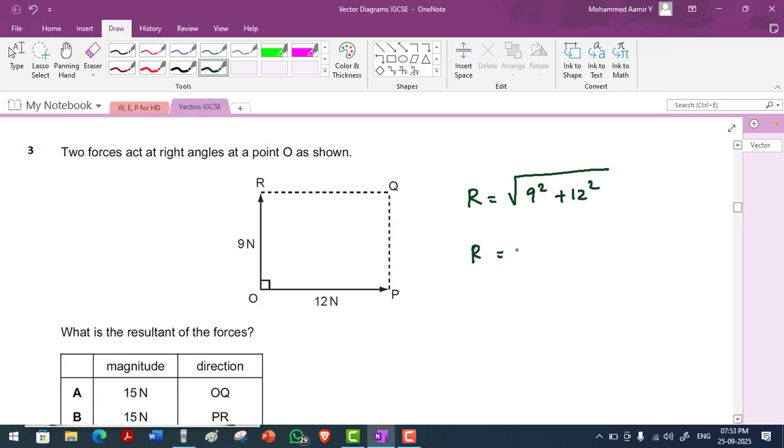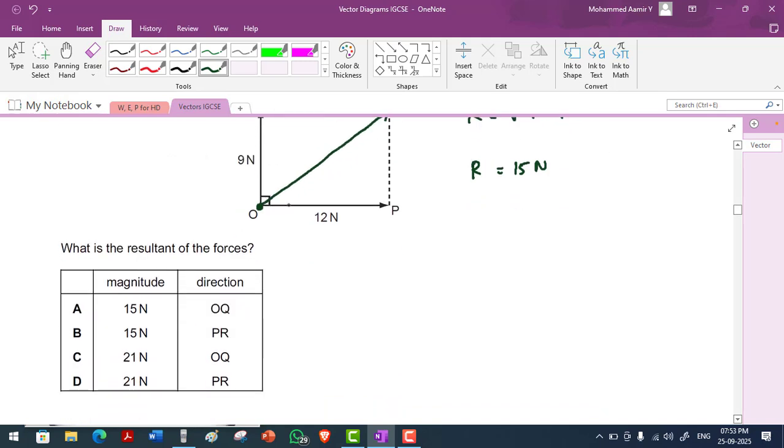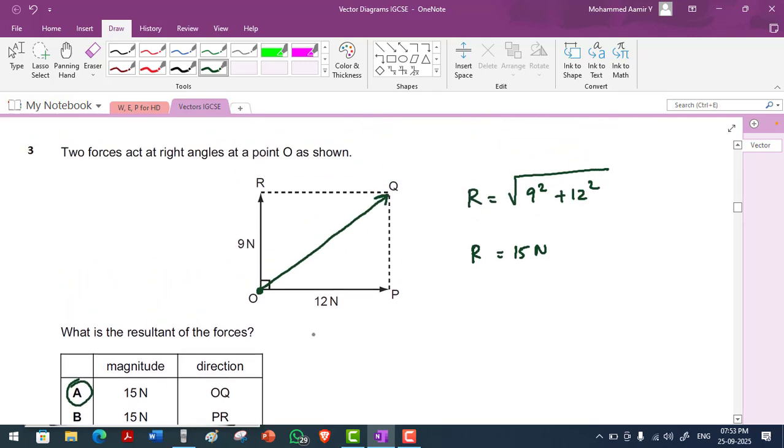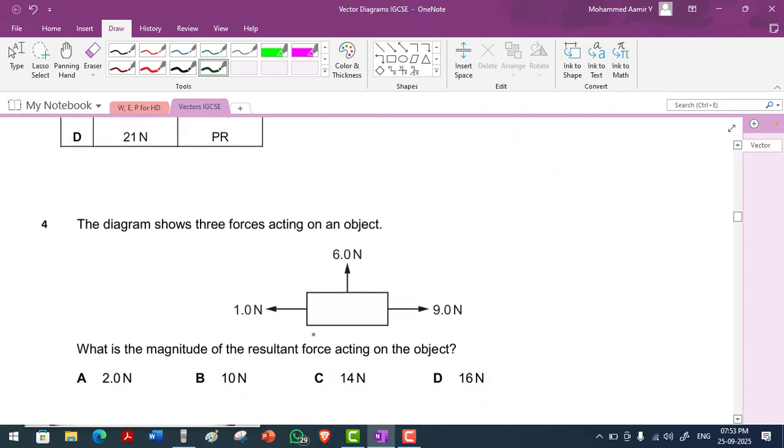So R will be 15 newtons. And in what way will it go? Logically, if I keep a ball, one person is hitting like that and another person is hitting like this simultaneously, the ball will tend to move somewhat like that. So the resultant will be in the direction OQ and the magnitude is 15 newtons. So go and select option A, OQ, and it should be 15 newtons.